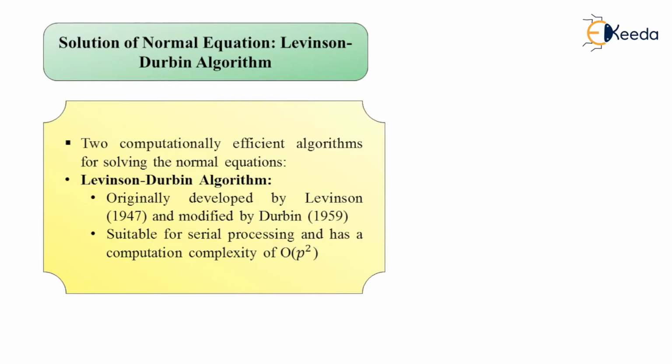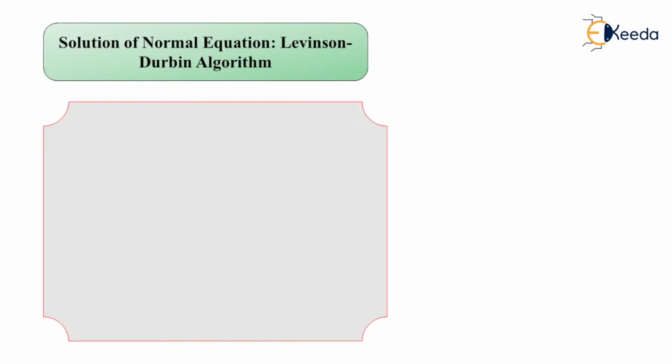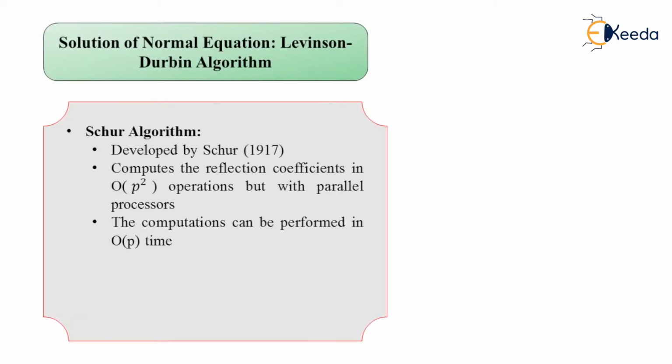So it is suitable for serial processing and has a computational complexity of O(p²). Along with the Levinson-Durbin algorithm, we are going to address in the next video the second algorithm, named the Schur algorithm.